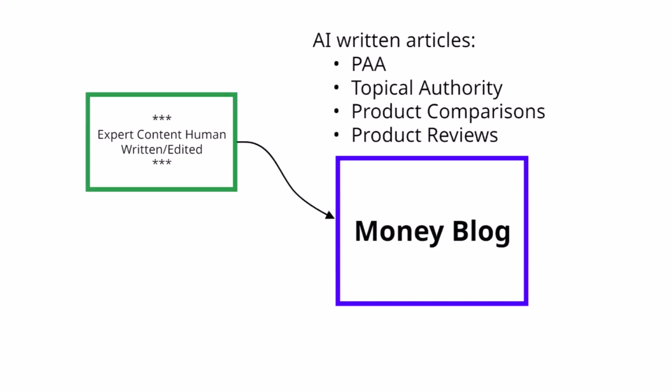It used to be, let's just think of some good titles and then we'll write articles. Now we have a very structured way that we build our AI content. Where we get a little creative is on the expert content side, and I'm going to go into some really great ideas that you can do with that. But we also do other things in the money blog, and that's what we're really going to go into today: what else do you do with the money blog?